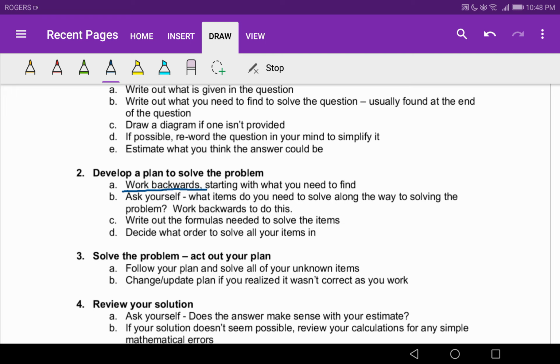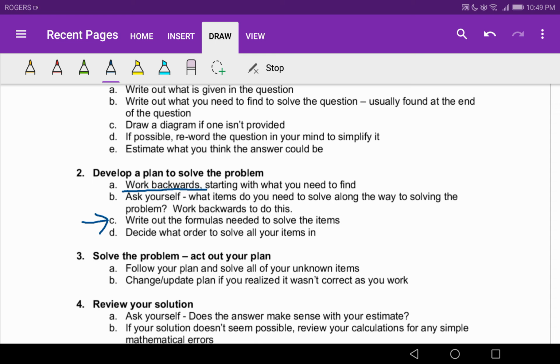So obviously, work backwards to do this. Then this is a critical step: write out the formulas needed to solve the items. Once you see the formula, you'll know what you need to find and what you have. Then decide what order to solve all your items in. Fantastic so far. We're going to reference this when we do the problems.